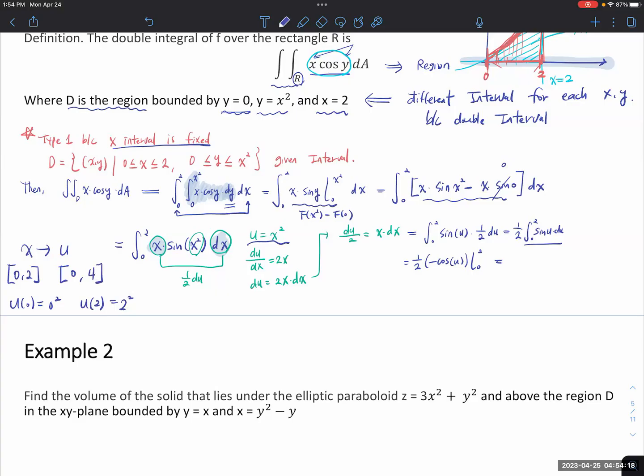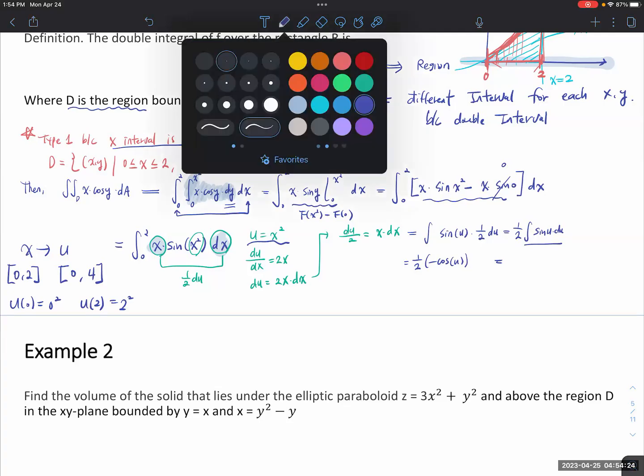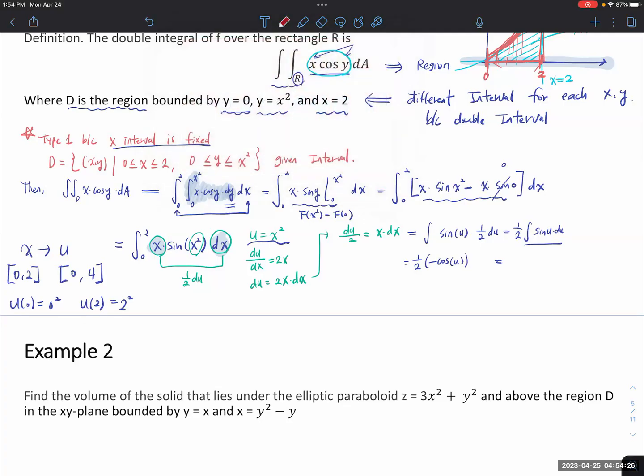So actually, you have to change the interval in terms of u. My bad. Because now everything is a u variable, it's going to be 0 to 4. So they are changing from 0 to 2 into 0 to 4. So you remember this. So 0 to 4, and I do have 0 to 4.